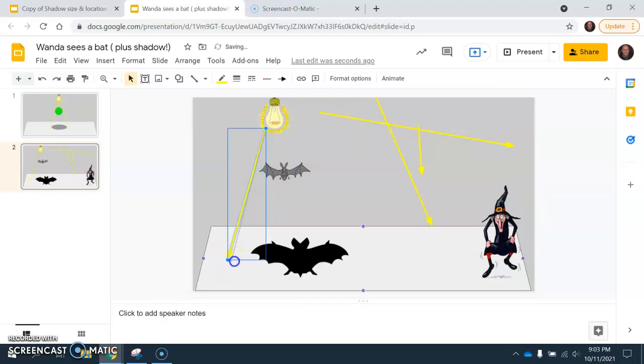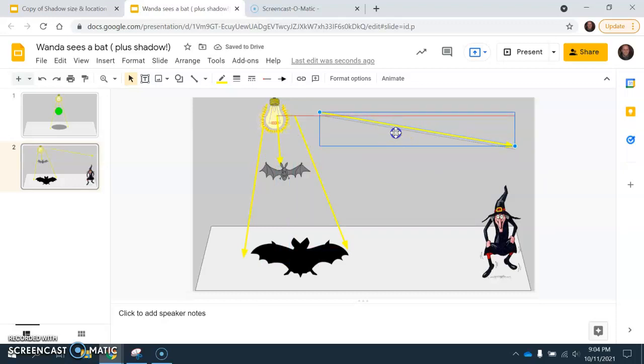You can even change the angle of these to best match what's happening in the scene. So some of the light must be getting past the bat to make the well-lit area on the ground. Some of the light is getting blocked in its pathway to that surface. And to also explain how Wanda would see that bat.